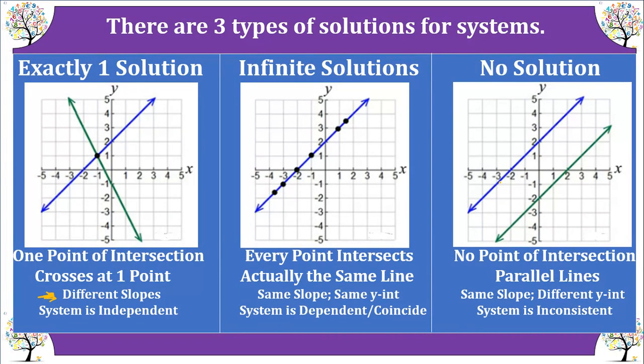If two equations have the same slope and different y-intercepts, that means they start at different places and they change at the same rate because they have the same slope. And that means there are no solutions and they will never intersect.